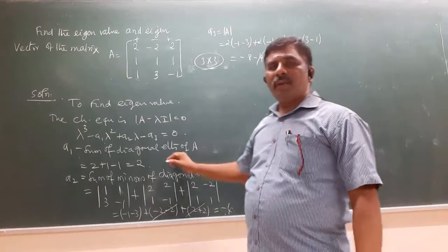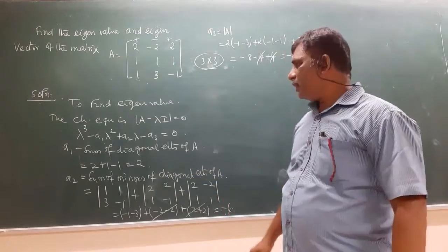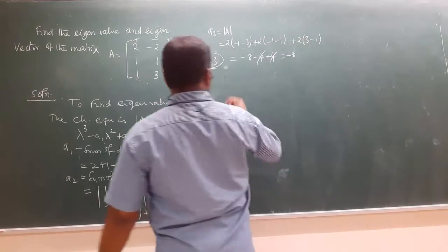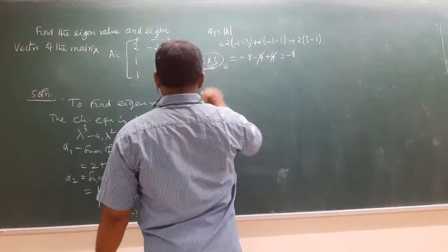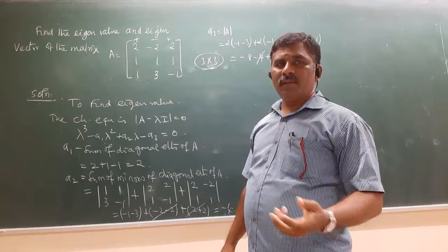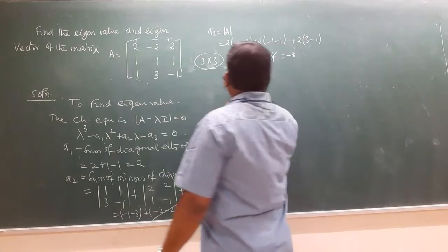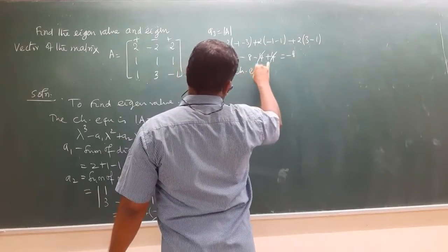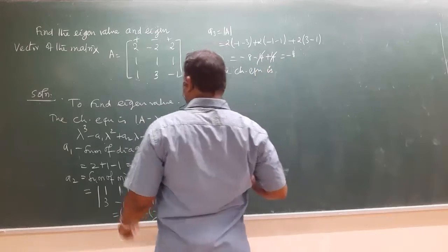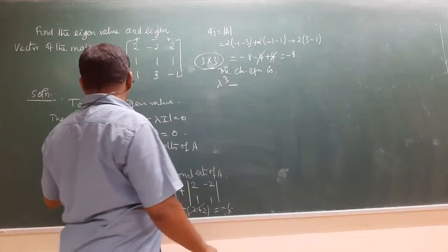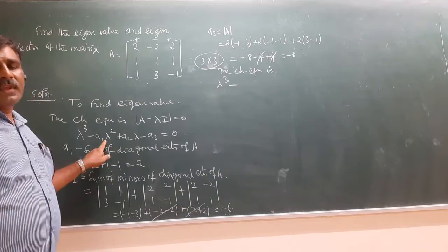After finding A1, A2, A3, you substitute the values in the characteristic equation of A. So what do you get? I am doing this step by step. Likewise, you have to do it with me. The characteristic equation is lambda cube minus A1 lambda square.